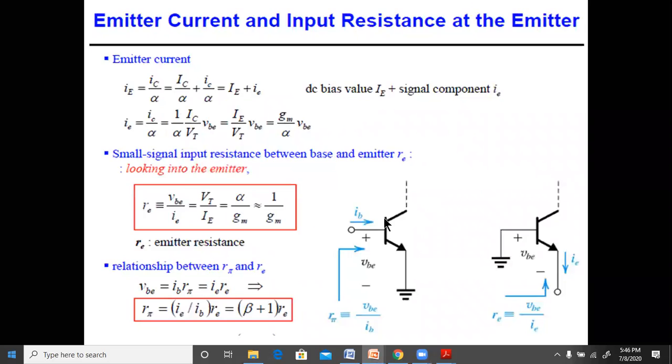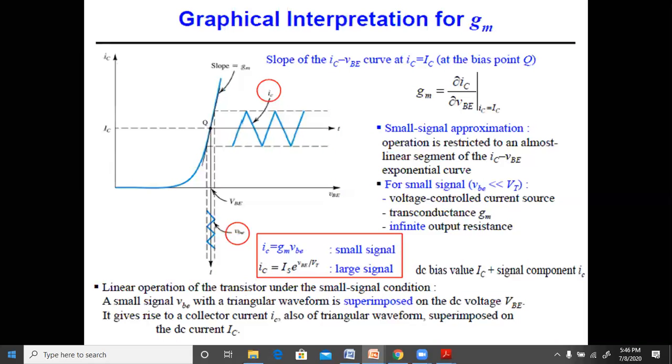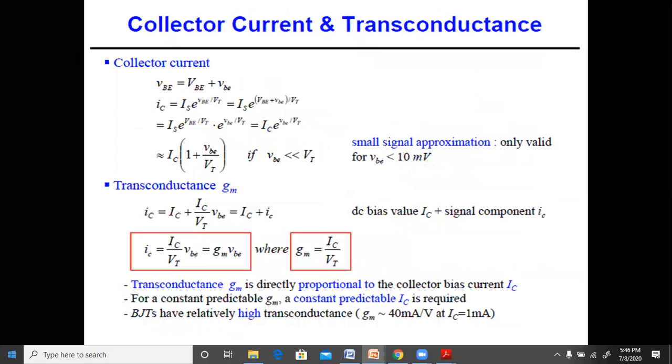The ic value we have already found: ic is equal to gm into vbe. So this is what we need to write there.